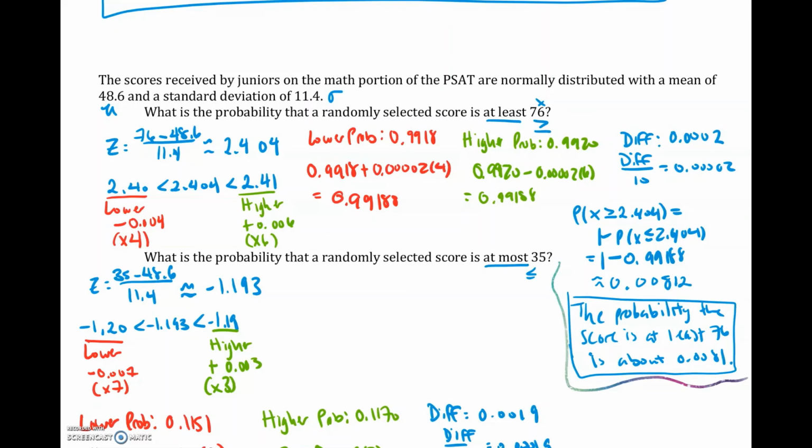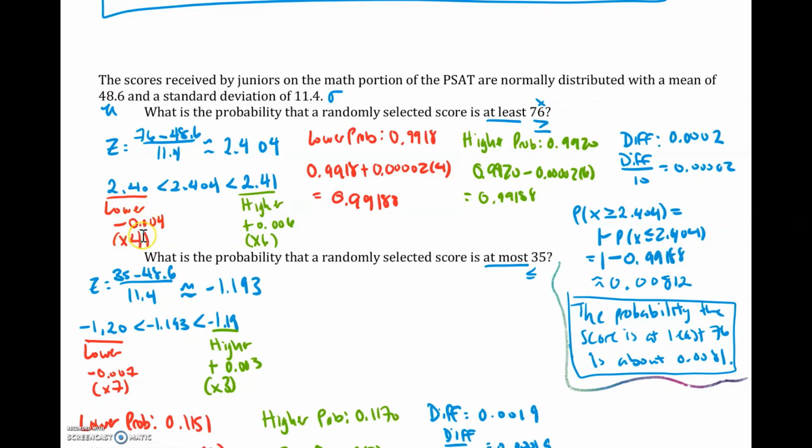You had to find the Z-score first. So that wasn't very pretty, but we can round it to the nearest thousandths to get our closest approximation. So we're going to get this 2.404, which lies between 2.40 and 2.41, which are on the table. So we've got the lower and the higher. And you can see to go from 2.404 to 2.40, I had to subtract 0.004.